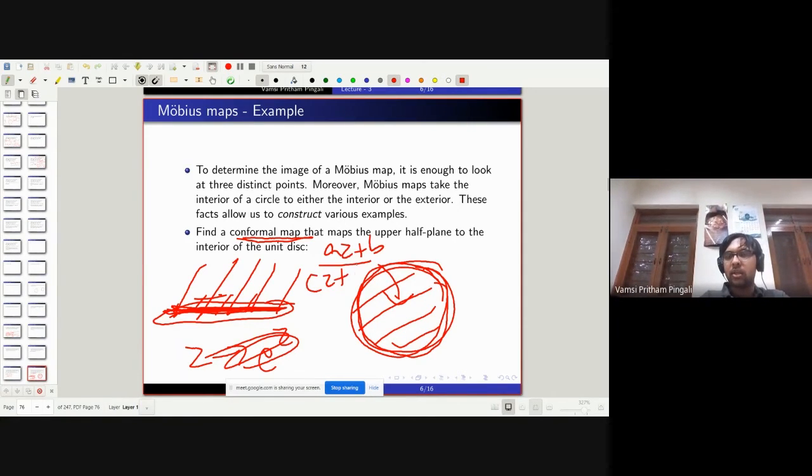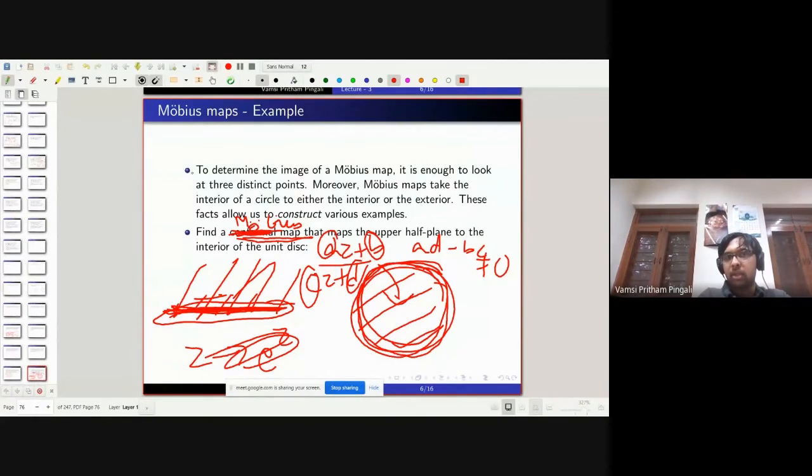To make it easier for you, I could have said, find a Mobius map that does the job. So you need to find these numbers so that ad minus bc is non-zero, and the map takes the upper half plane to the unit disk.